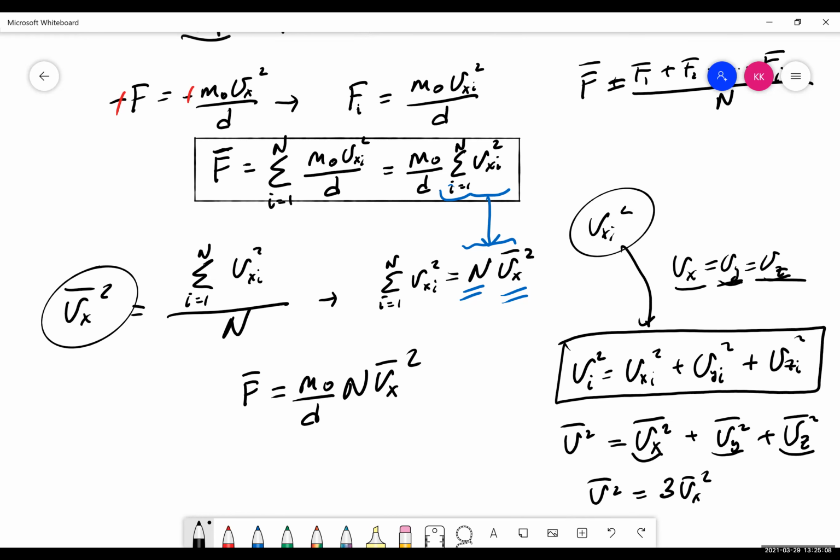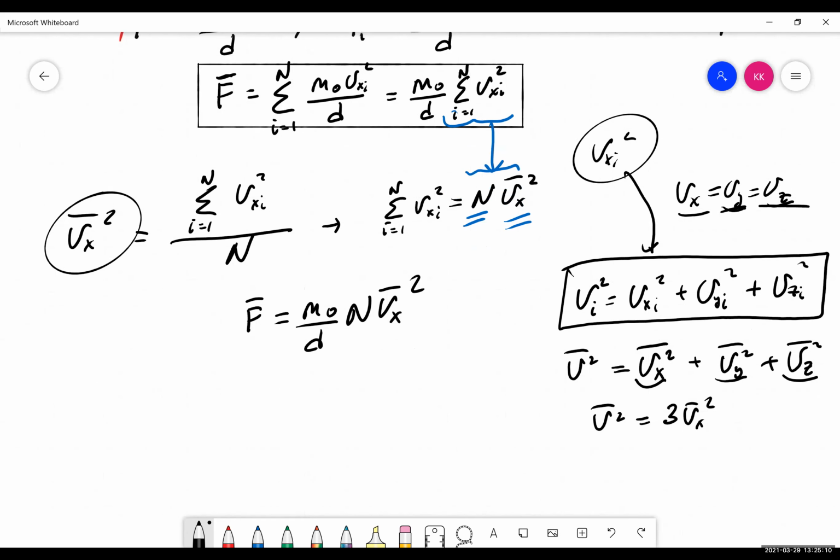Which means, over here I have Vx. If I divide both sides by 3, Vx average square is 1/3 of the average total velocity squared.